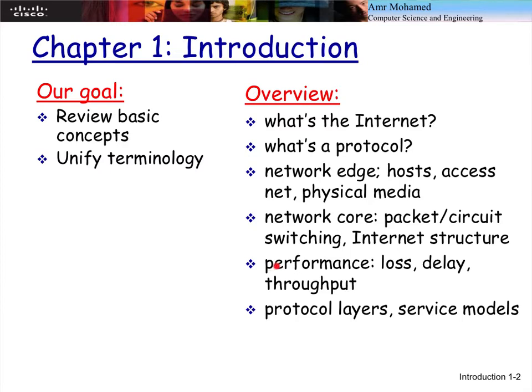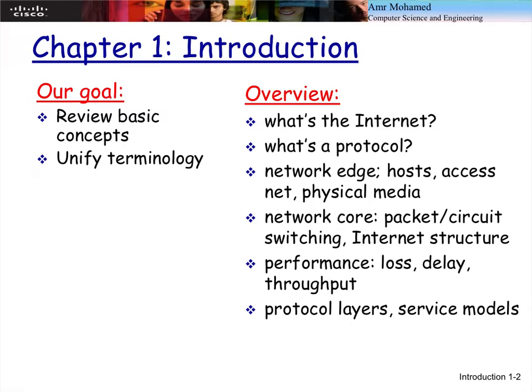Very importantly, the performance metrics. For any kind of research, simulations, things like that, one of the most important things is that you have to really think about the metric by which you evaluate the performance of the network.